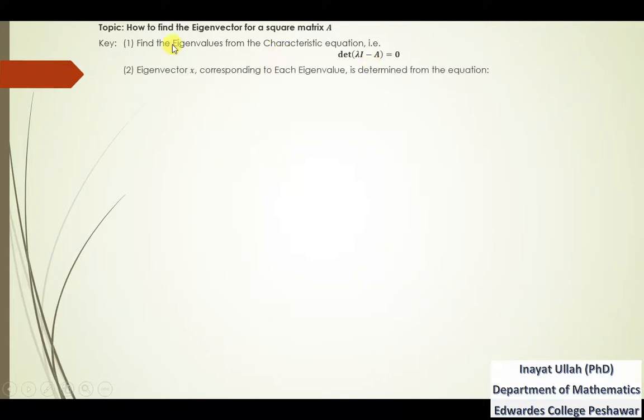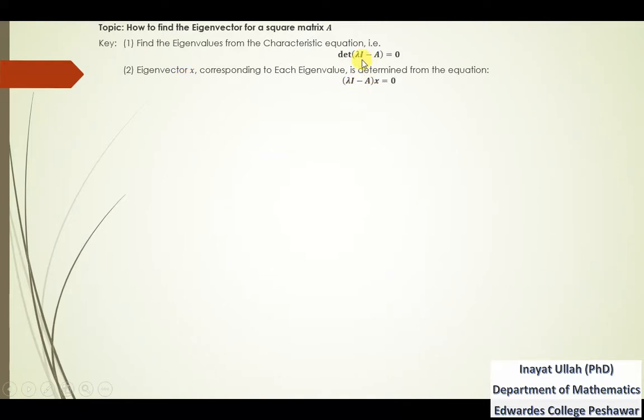Secondly, for the eigenvector x, whenever you find the values of lambda from here, then for each value of lambda we have an eigenvector. So use all those values of lambda to find the different eigenvectors. For eigenvectors x, we need to use this equation.